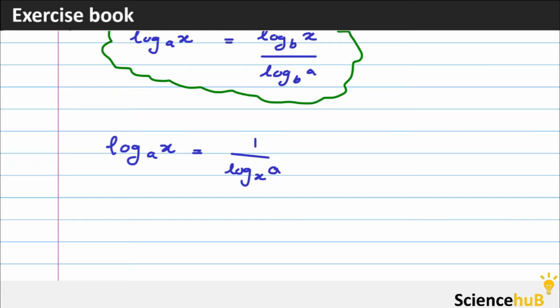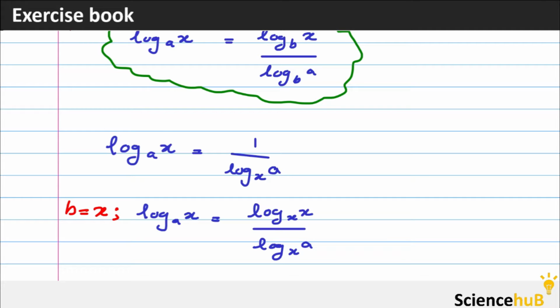So we can substitute x to be the b in this proved equation. Let me write this. Then log_a x is equal to log_x x divided by log_x a.